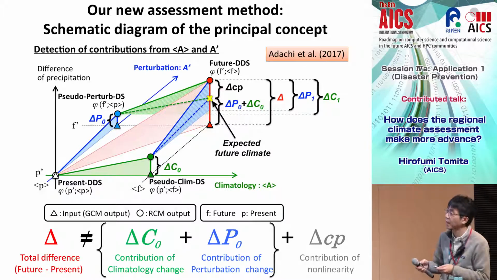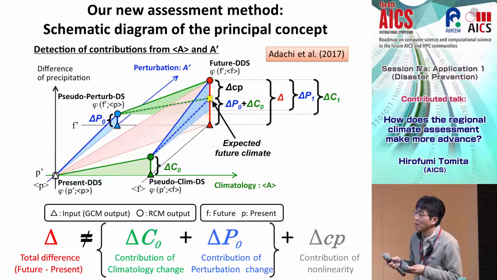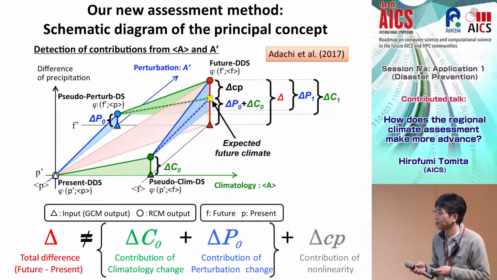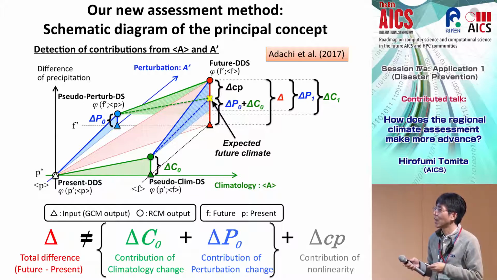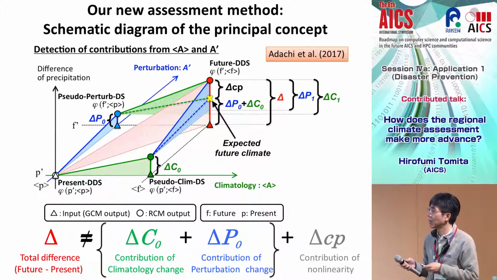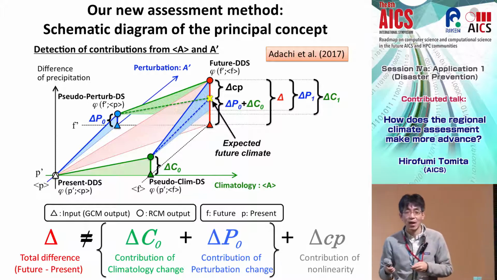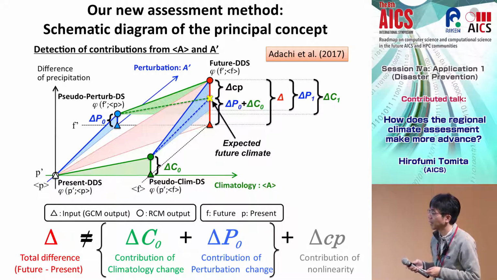So the important thing is, if the system is linear, we can easily expect the future change of precipitation by summing delta P and delta C. But the system is, unfortunately, nonlinear.